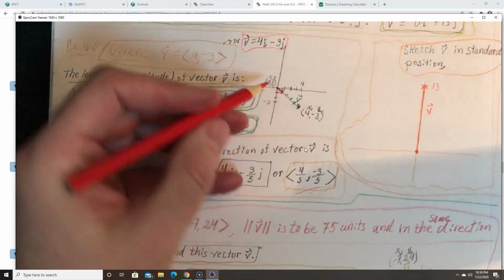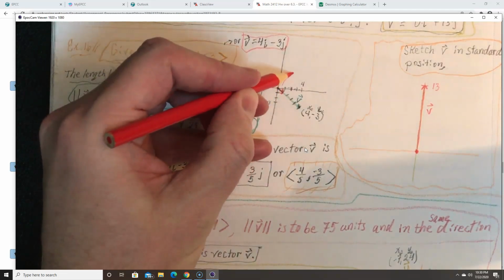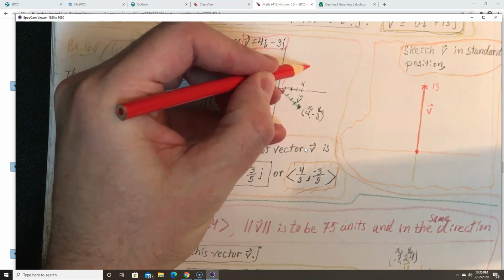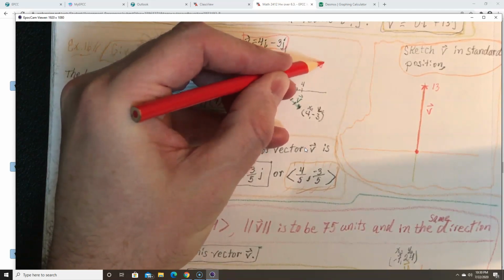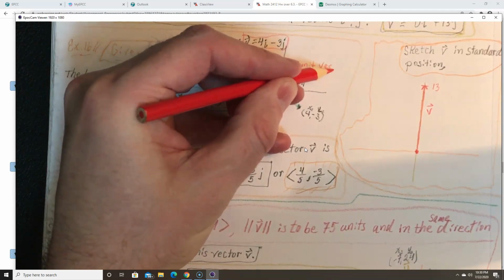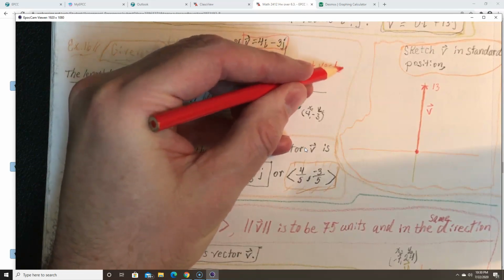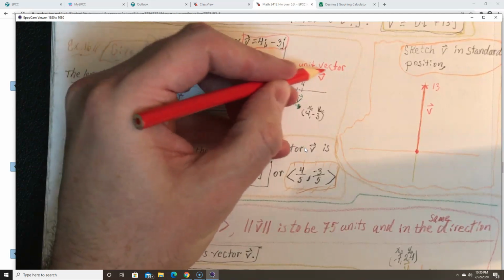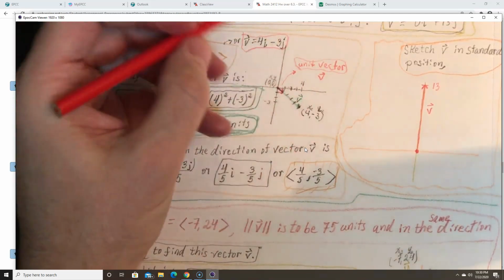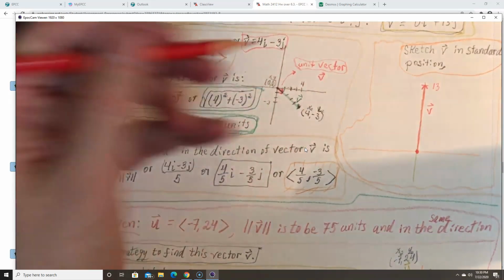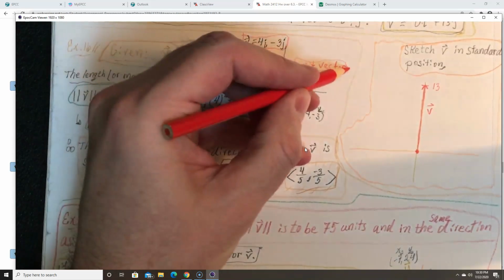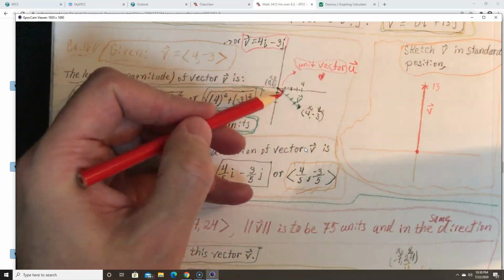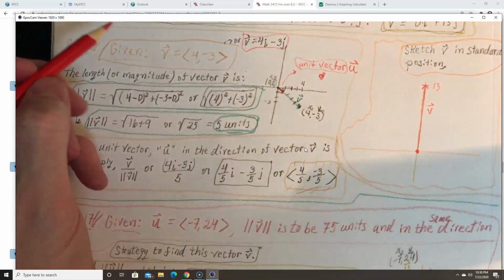We're going to call it unit vector v. There's nothing magical about calling it v. It can be called anything. But unit vector, u, pardon me, that's in the same direction as vector v.